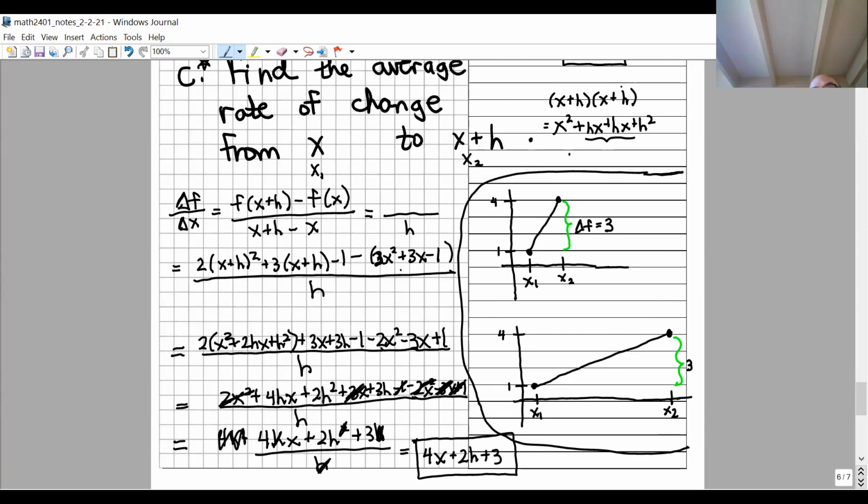That's the average rate of change for some function from x to x plus h. Okay. Now there's a strange reason in calculus why this particular average rate of change is so important to us, or why difference quotients are so important to us. It'll take us a little while to understand the importance of that.